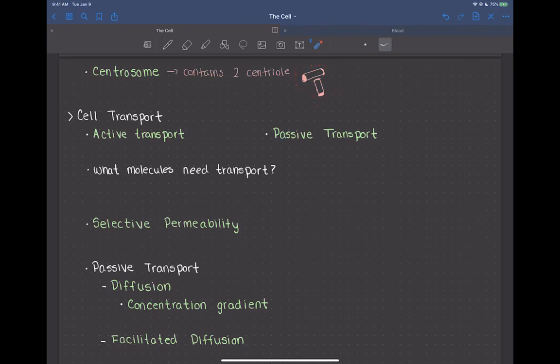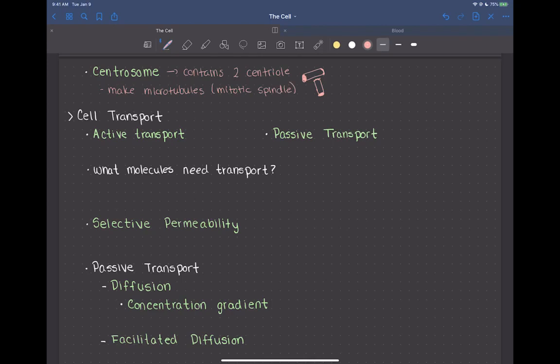So the centrosome contains 2 centrioles, okay, and the function of those centrioles is to make those mitotic spindles. They make microtubules. All right, so specifically those are those mitotic spindles.